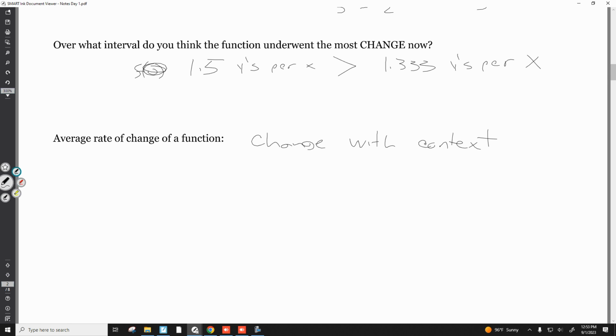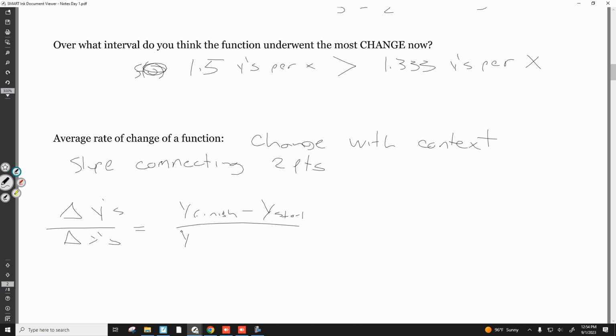It is just the slope connecting 2 points. It is just the change in your y's divided by the change in your x's. Your finishing y minus your starting y, over your finishing x minus your starting x.